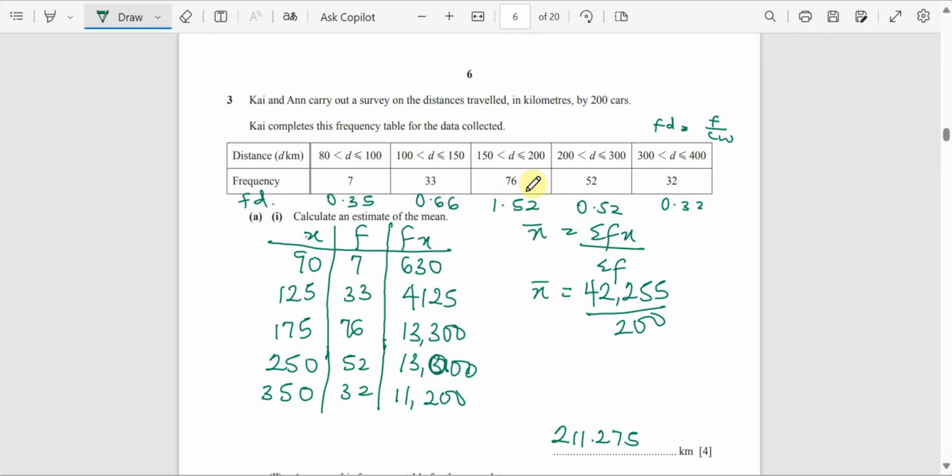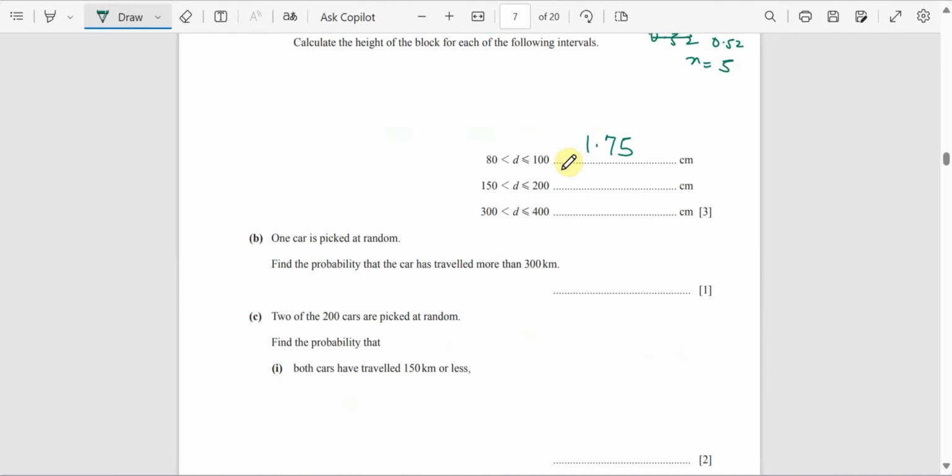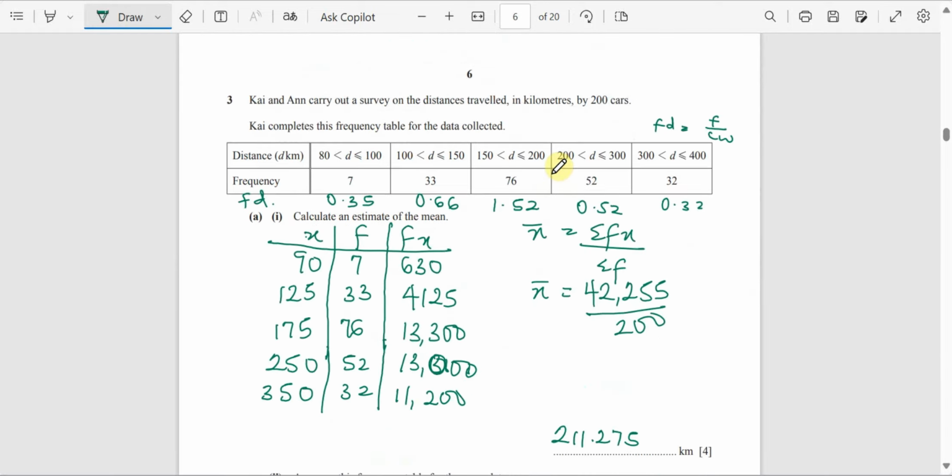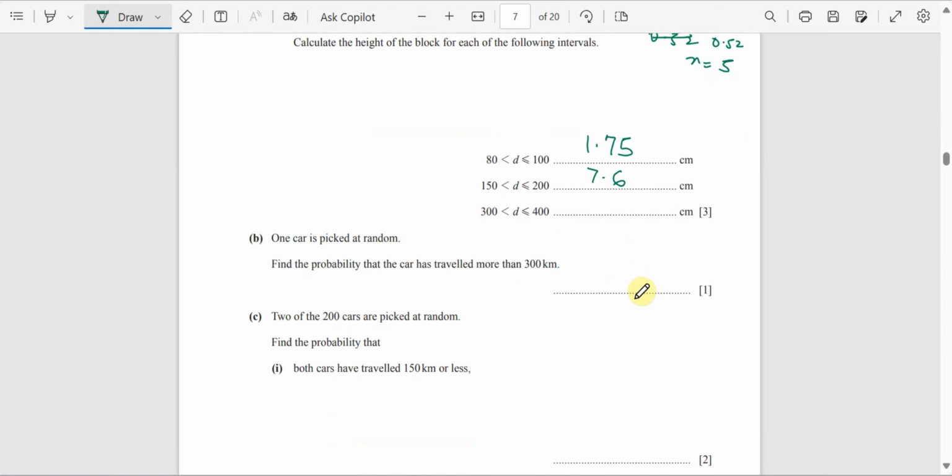So we have 1.52 times 5, and that will give us 7.6. And lastly, 300 to 400 is 0.32. So 0.32 multiplied by 5 would give us 1.6.